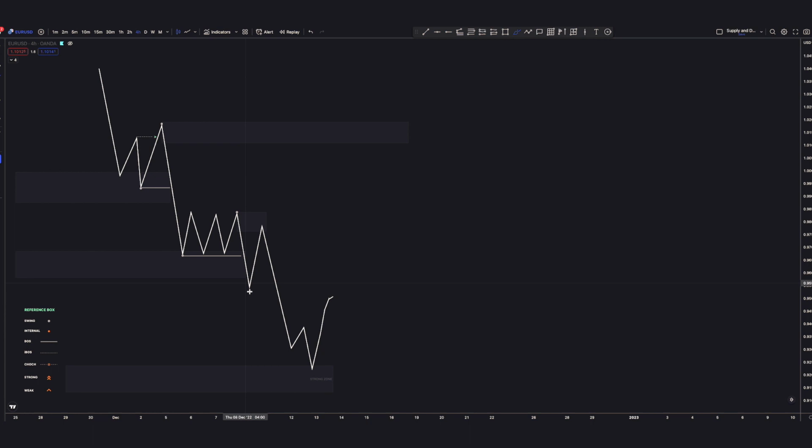Then we had a break and a failure. This demand couldn't hold. Then we pulled back here. Later on, we're also going to learn that right here we would be looking for 1 minute entries or risky entries, because we saw that price came from here, pulled back, and then we would look for shorts on this area.